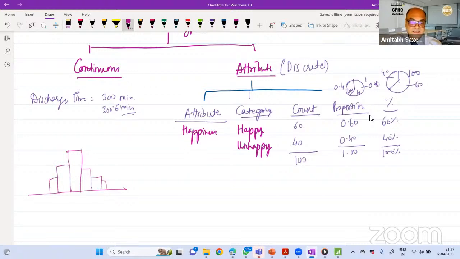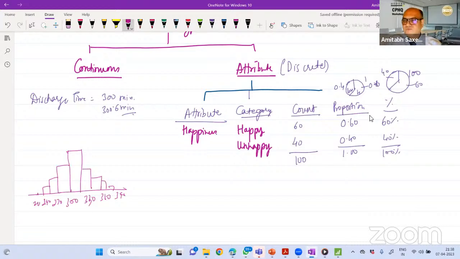I've collected the discharge time of patients in the last 1 month, 30, 40 patients. Most of the patients take 300 minutes. Some patients take 330 minutes also. Some patients take 360 minutes also. Some patients take 390 minutes also, very few patients. Similarly, some patients take 270 minutes also, 240 minutes also, and 210 minutes.